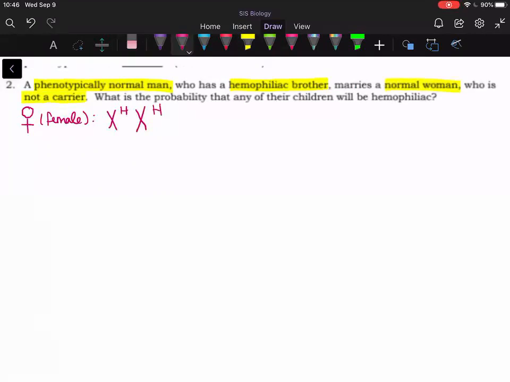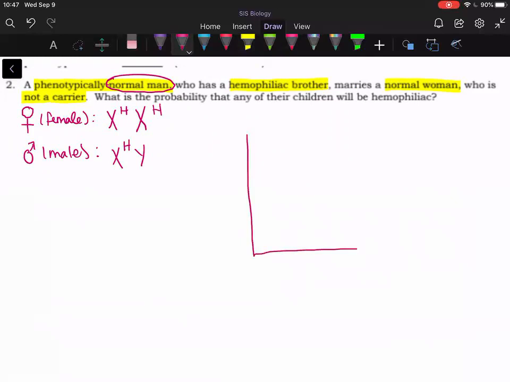Now this part over here, the first sentence, it says a phenotypically normal man. We know that for a male, it's XY. So each male only has one chance to have the hemophiliac gene. Does he have it? No. How do I know? Because he's a normal man. Because he's a normal man, it's going to be capital H.